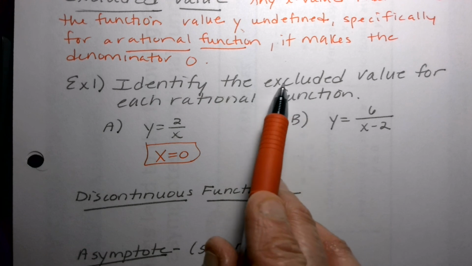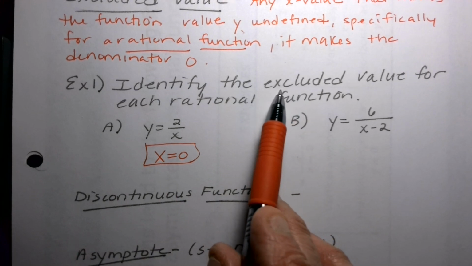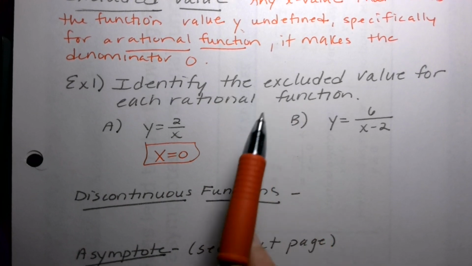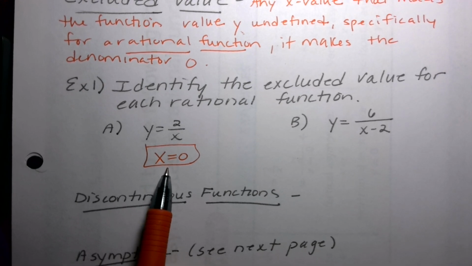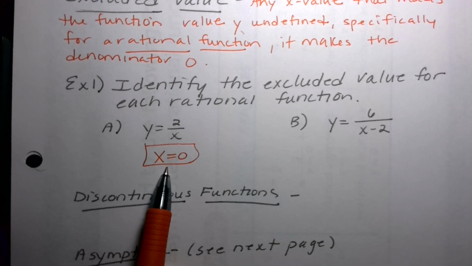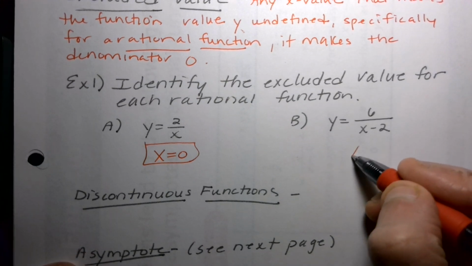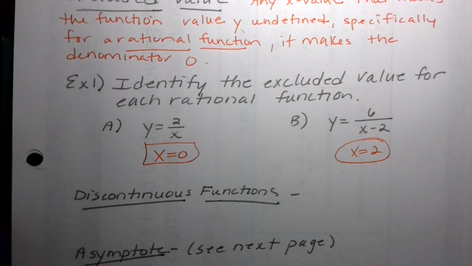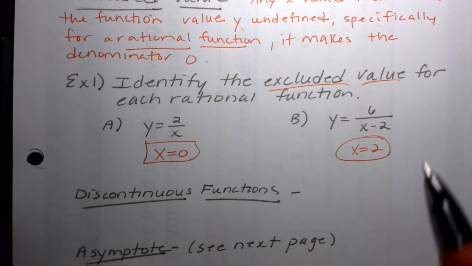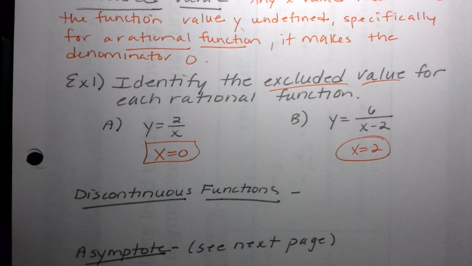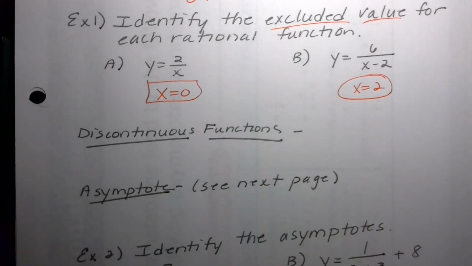Exclude means to take out or leave out. We're going to leave out the 0. We're not going to include that. What would make the bottom 0 there, class? That's right, a 2. So that is our excluded value for that one. We want to pick any other x value for the domain. Domain is our x values, remember, except 2, because then it won't be defined.